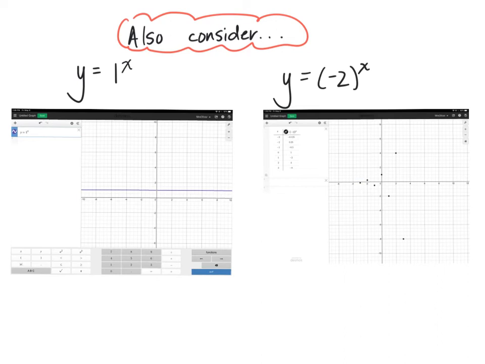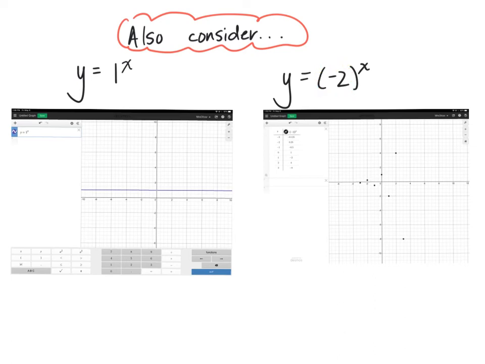What this means is that the value of the function will oscillate back and forth between positive and negative values. So notice that too is not going to show any sort of smooth exponential growth or any sort of smooth exponential decay. For that reason, I'm going to state that my base is not allowed to take on a negative value either.